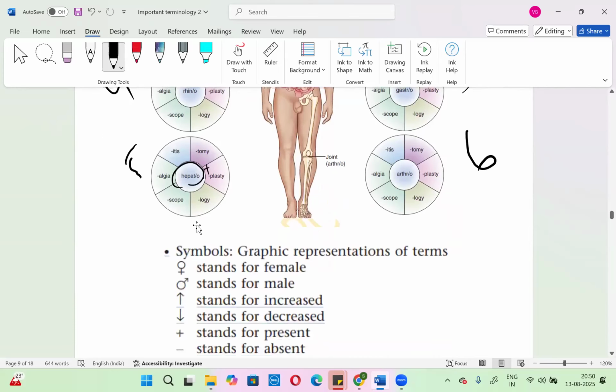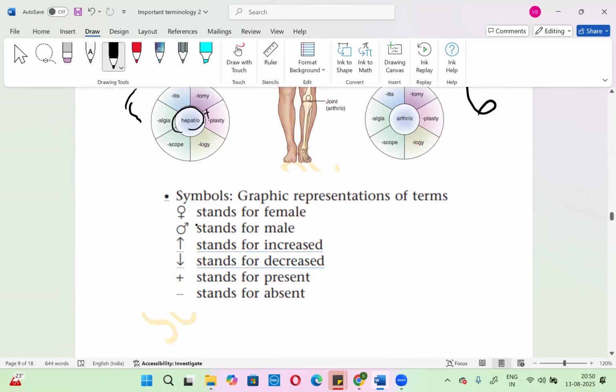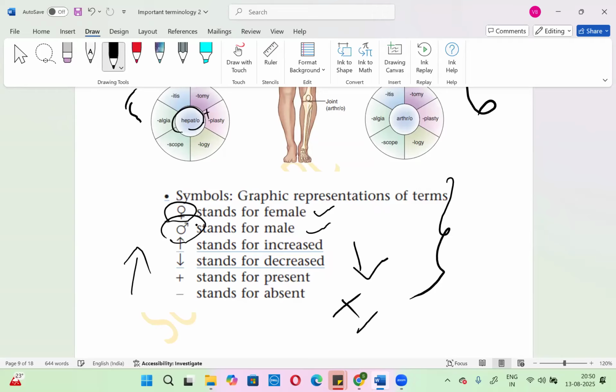Okay. And some of the common symbols you will come across in this medical coding training. If you see this symbol, it indicates that it is used for females. And if you see this kind of symbol somewhere in the books or under some codes, it indicates that it is applicable only for males. And this increasing symbol, you can see decreased symbol, plus and minus.